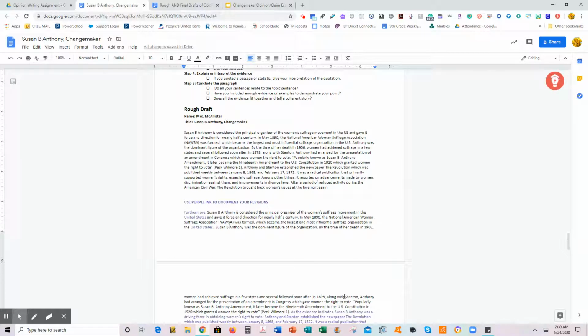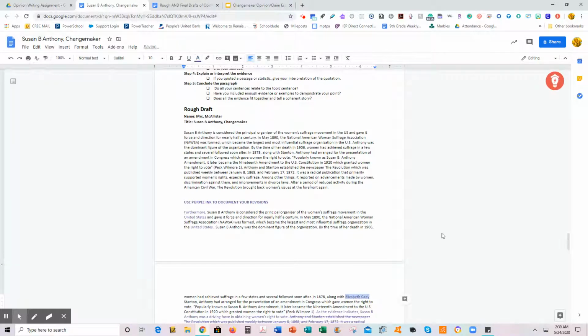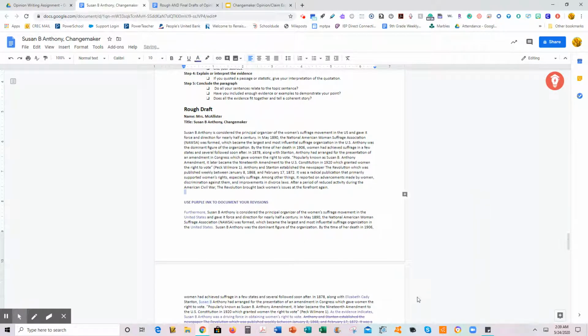In 1878, along with Stanton, Anthony, it's Elizabeth Cady Stanton. I want to make sure that we sound professional. Susan B. Anthony had arranged for the presentation of an amendment in Congress which gave women the right to vote, popularly known as Susan B. Anthony Amendment.